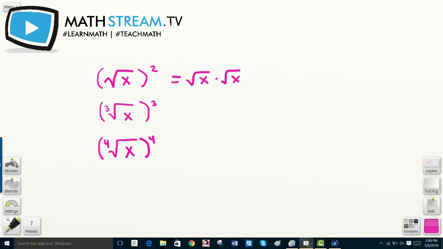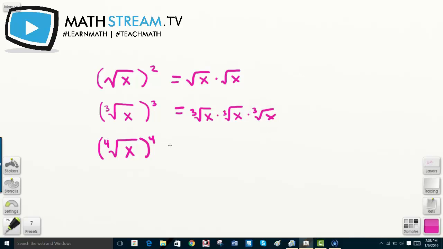On the other hand, the second expression, I could rewrite the cube root of x cubed. Here it means that I need to take that information on the inside, which here is cube root of x, and I need to have 3 of those factors. So it would be the cube root of x times the cube root of x times the cube root of x.